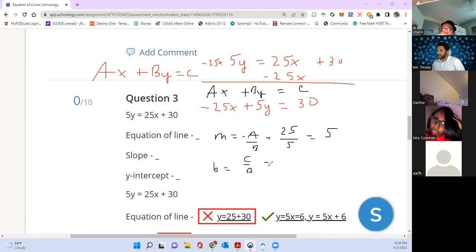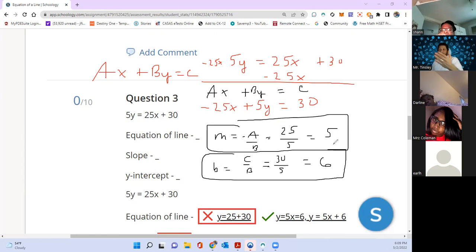C is 30, b is 5, and 30 over 5 is 6. So my slope is 5 and my y-intercept is 6. If I wanted this equation in slope-intercept form, it'd be y equals 5x plus 6. Still the same answer we got before, we just used two different forms.